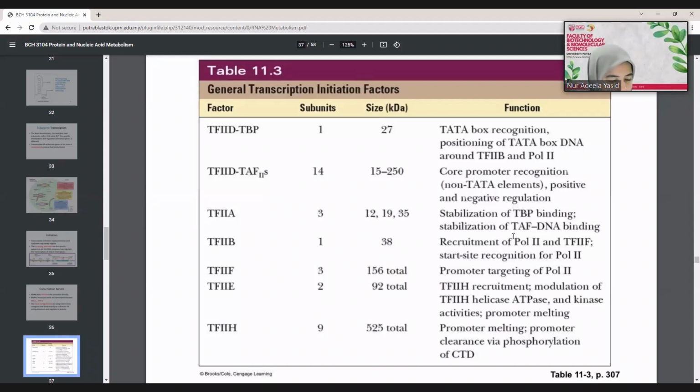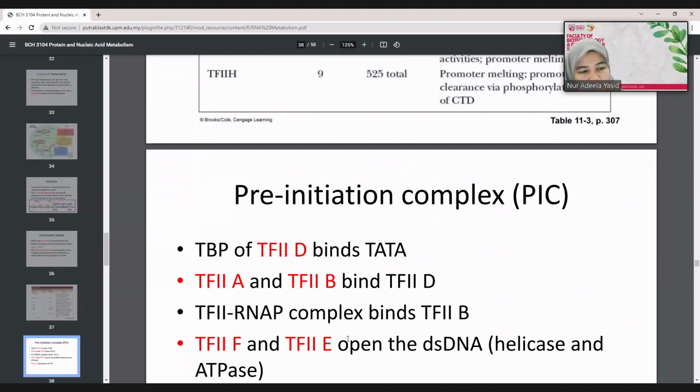Transcription factor 2B is involved in the recruitment of polymerase 2, and transcription factor 2F is also the start site recognition for polymerase 2. Transcription factor 2F is a promoter targeting of polymerase 2. For E, it helps to recruit transcription factor H and modulation of helicase, ATPase, and kinase activities. Transcription factor 2H is a promoter melting and promoter clearance via phosphorylation of CTD.